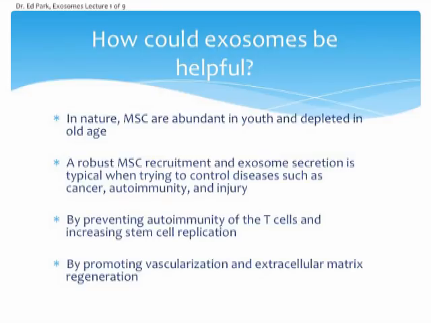By preventing autoimmunity of the T cells, the exosomes also downregulate this important disease pathway. They also can encourage local stem cells to reproduce in times of injury. And then finally, by bringing in the later stages of what we call inflammation, they promote neovascularization or new vessels, and hopefully they strengthen the extracellular matrix.